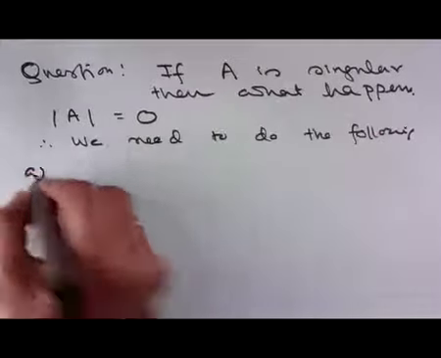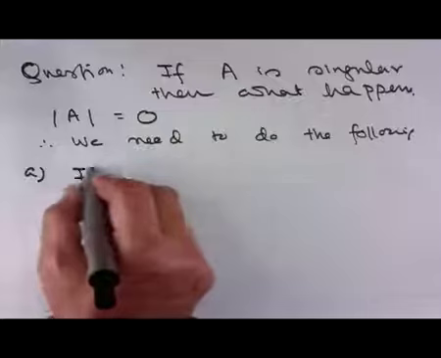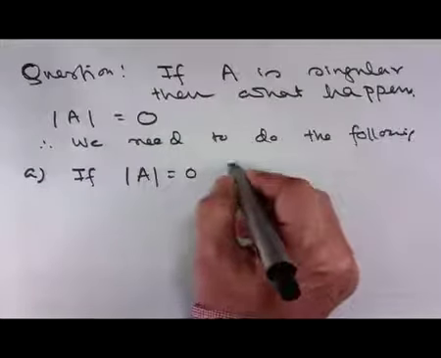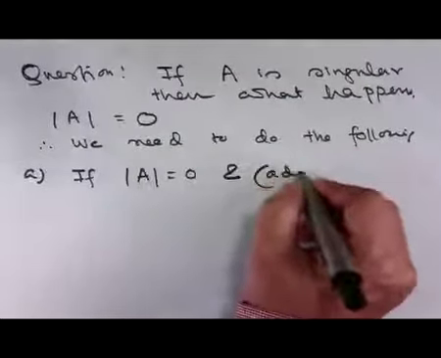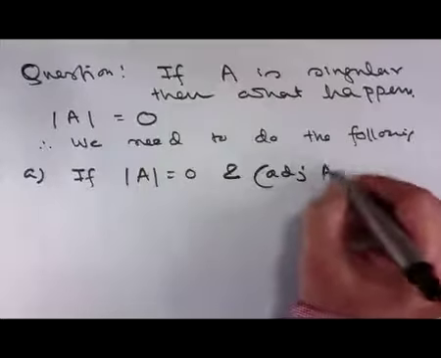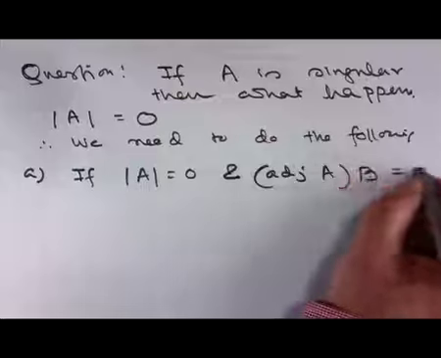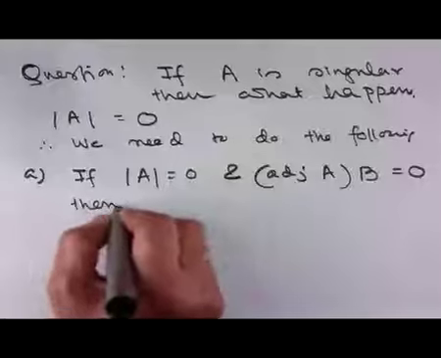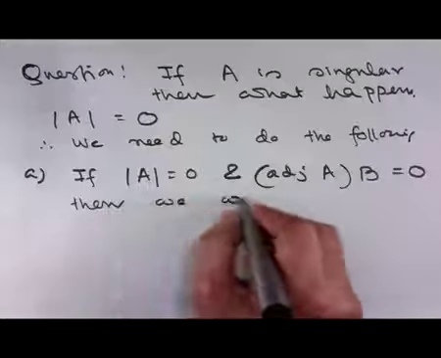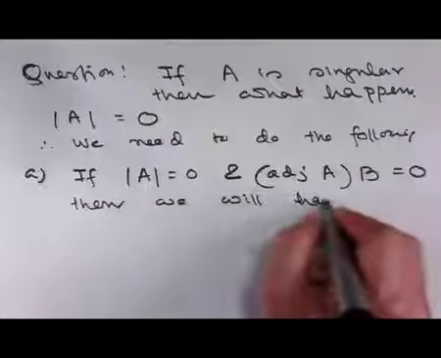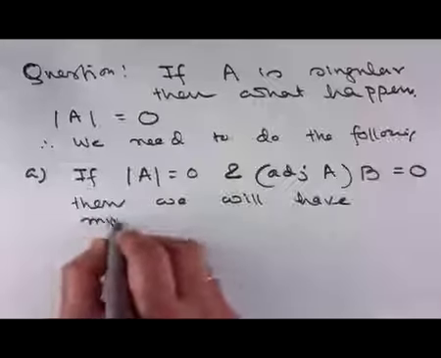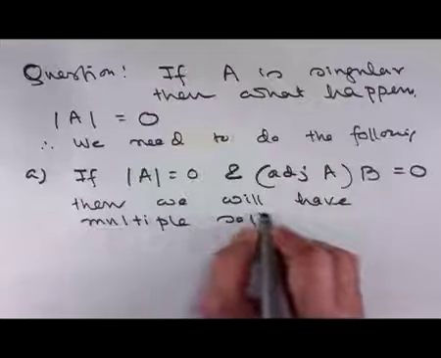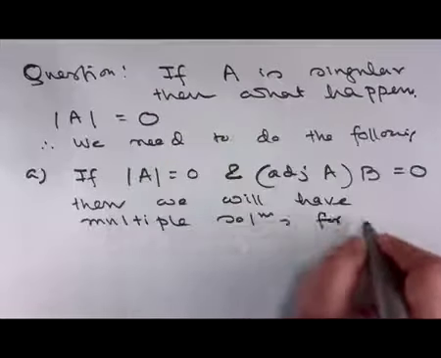A, if determinant of A is equal to 0 and adjoint of A multiplied by B is equal to 0, then we will have multiple solutions for the system of equations.